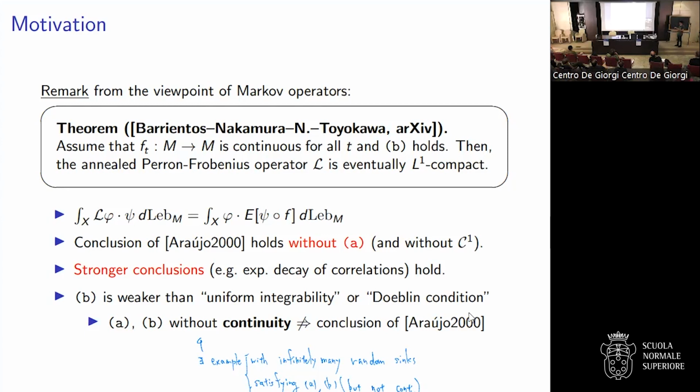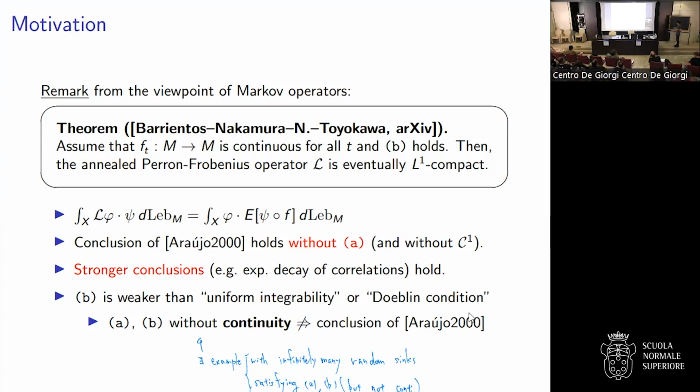I removed condition A, Araujo's condition A. Then the annealed Perron-Frobenius operator, which you may remember appeared in the talk of Stefano Galatolo, is eventually L1 compact. So you can say much more than the existence of the time average in this situation, and you don't need assumption A, and you don't need C1 regularity.